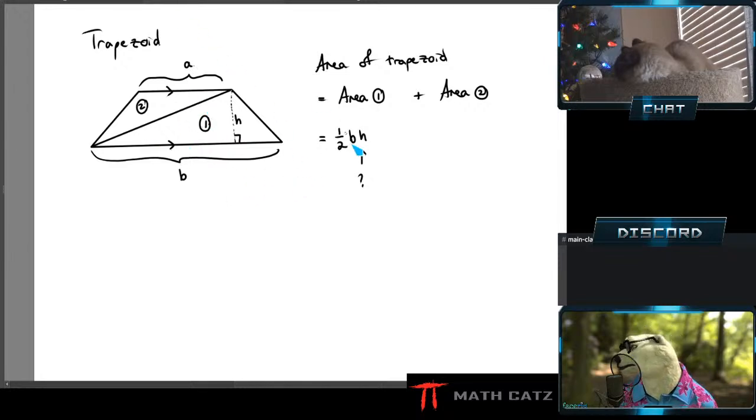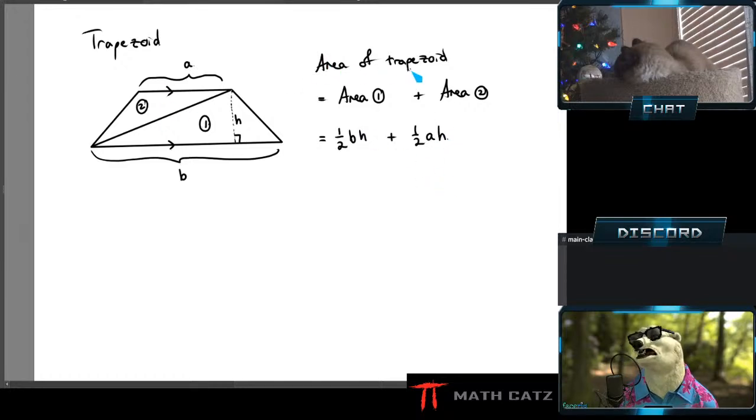Okay, now know that. That's fine. What about the area of the second triangle? Well, it's a little upside down. Its base is A, but its height from the base perpendicular up to the opposite vertex is still h. It has the same height.